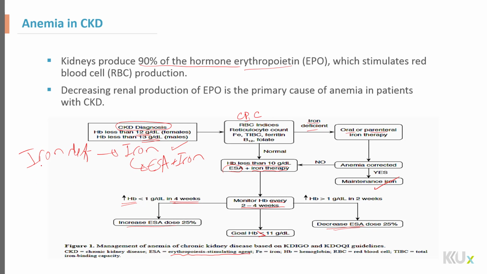From the start, if the patient has normal iron but hemoglobin is less than 10, we should start erythropoietin directly with iron. If the patient increases normally, we can decrease the dose of erythropoietin. If not, we can increase the erythropoietin.